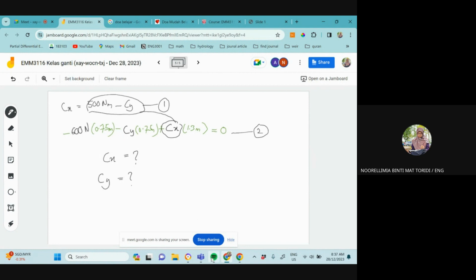Okay, kalau dah jumpa value Cx and Cy, berapa? Any volunteers?